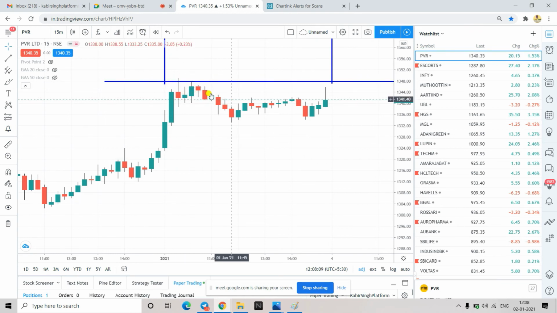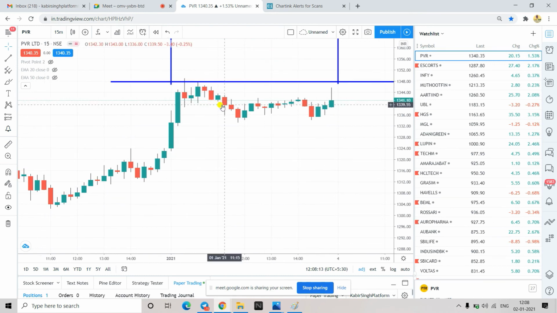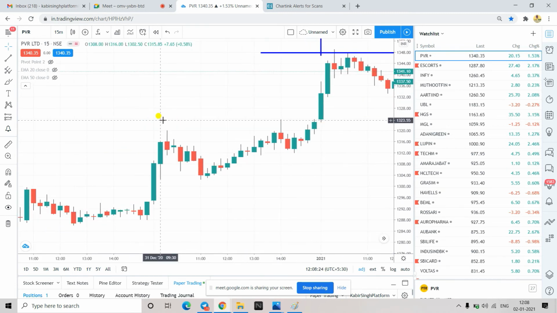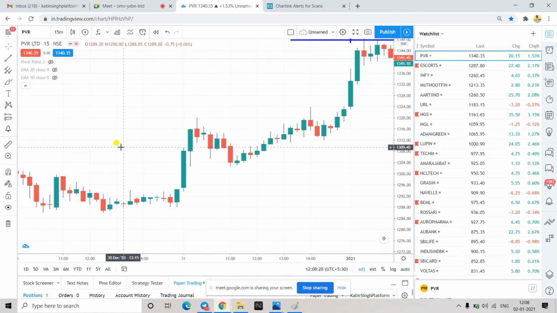Because of that, all the charts are almost similar, completely sideways. Same thing we saw in M&M. We'll see another stock.